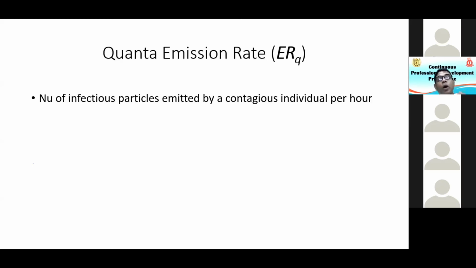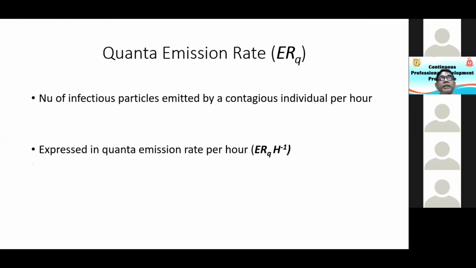Quanta, as in quantum physics or quantum theory, means the number of packets. So it is the number of packets of infectious particles emitted by a contagious person per hour. If the number of contacts is high, the chances of infection will be increased.